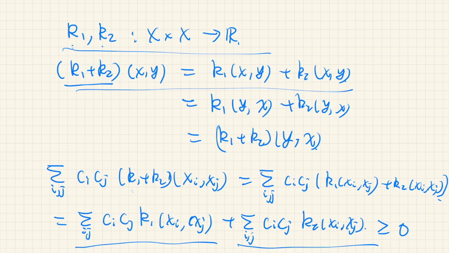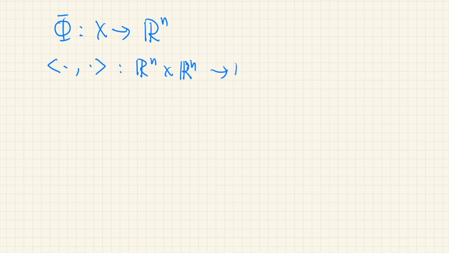So we can construct a kernel function as the sum of two or more kernel functions. And next example, suppose phi is a function from X to the n-dimensional real vector space, and we assume the inner product in the vector space also, so R^n times R^n to the real numbers.